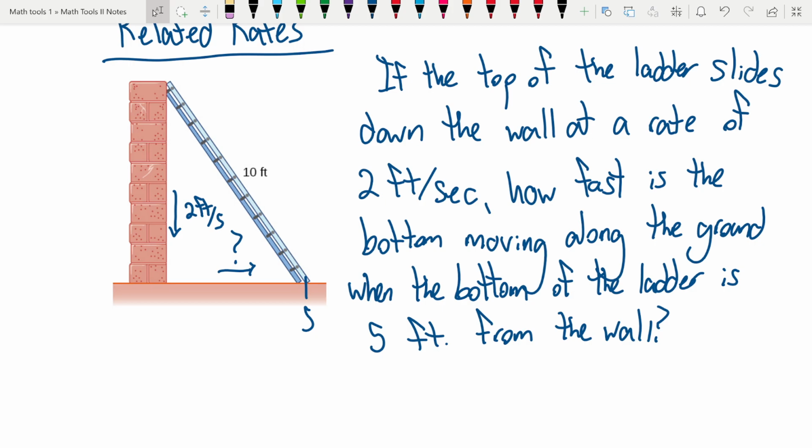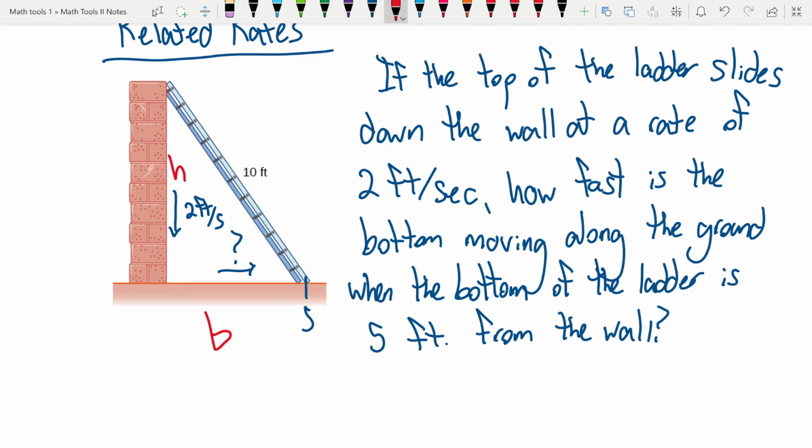So maybe we'll call the bottom of this the base, the wall here we can call the height, and we don't really need to give a name to this part necessarily, because this one is not changing, it's just always 10, right? So notice what's happening here is that as the ladder slides down the wall, H is actually changing and B is going to be changing too. But the ladder length is not changing. That's always going to be a constant 10 feet.